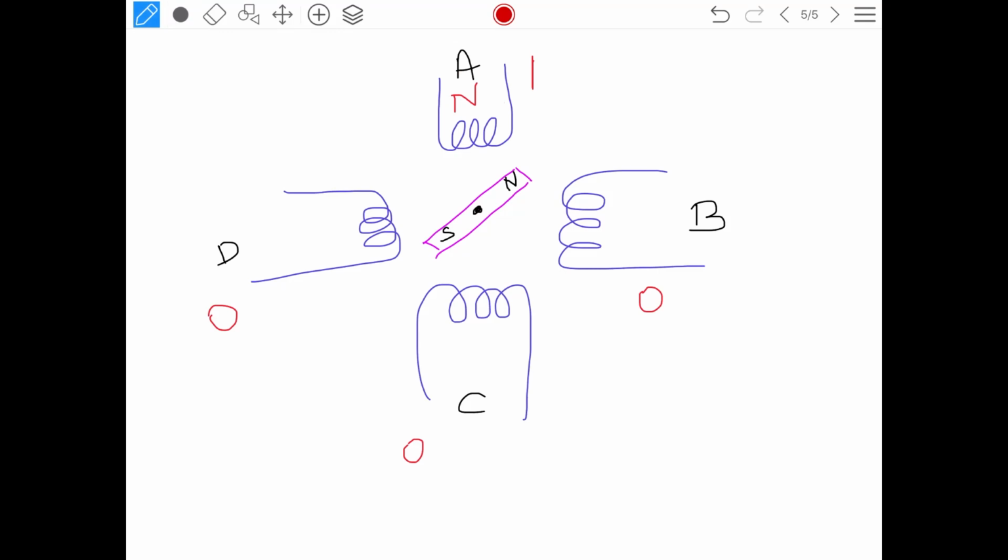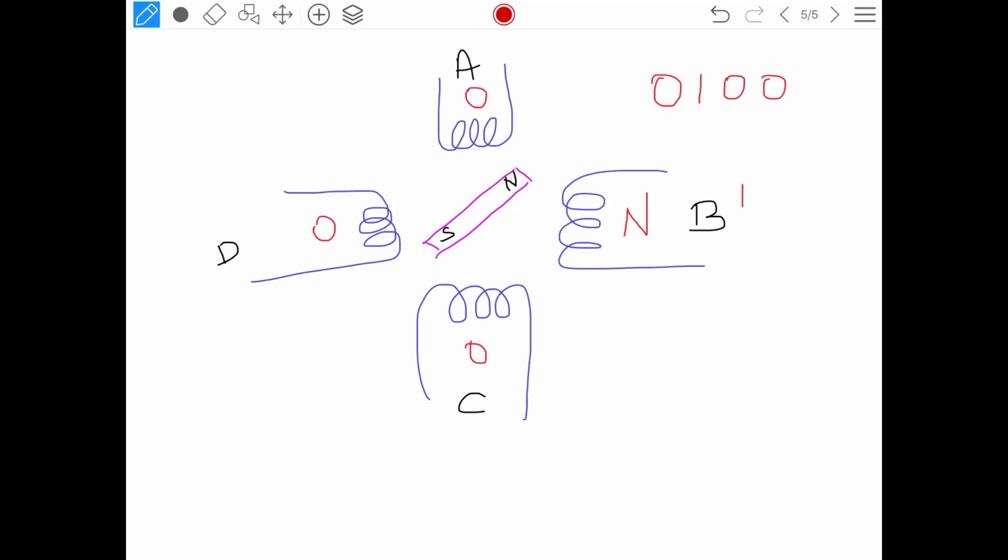The sequence is 1, 0, 0, 0. For the next step, I will energize coil B by sending 1. North pole is established at B, and the rest are all zeros. Now the sequence will be 0, 1, 0, 0.